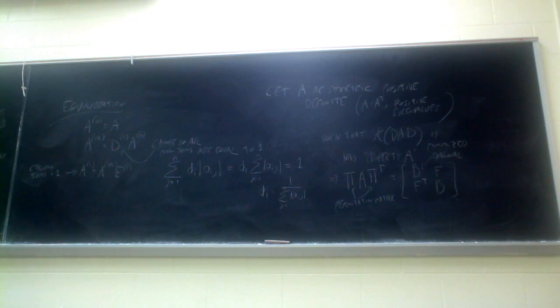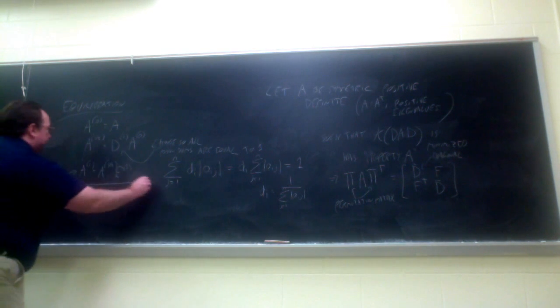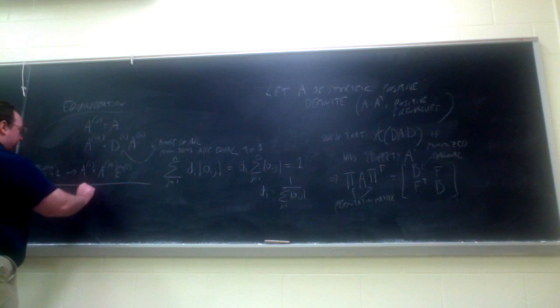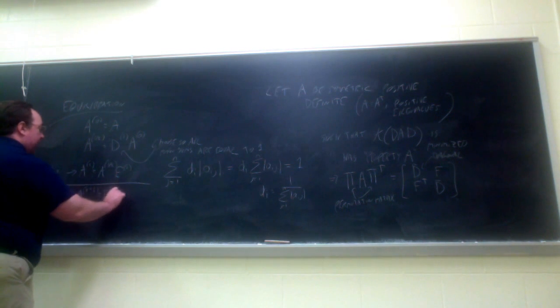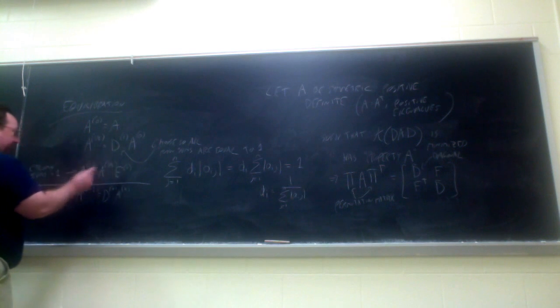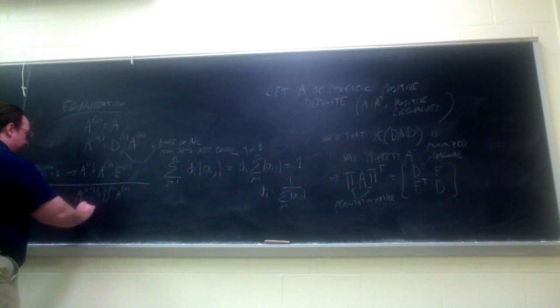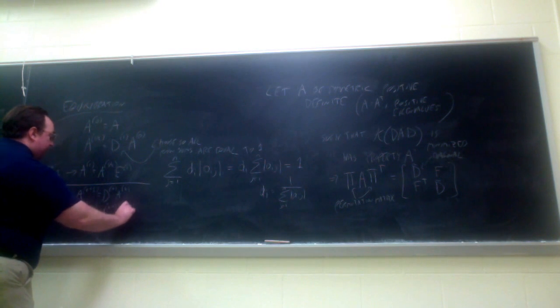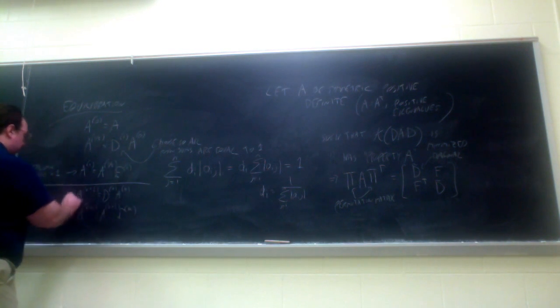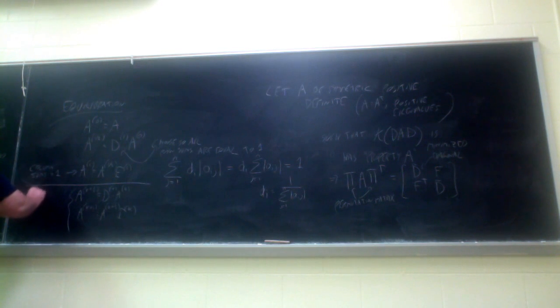Then I can repeat the process. So A k plus a half is equal to Dk Ak, to make the row sums equal to 1 again, and then A k plus 1 is equal to A k plus a half times Ek. Repeat this until convergence.